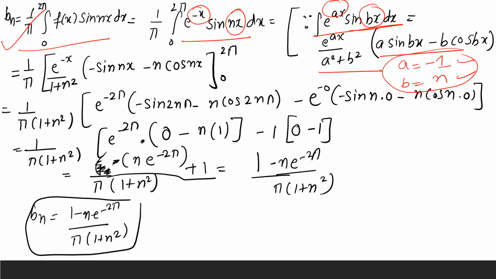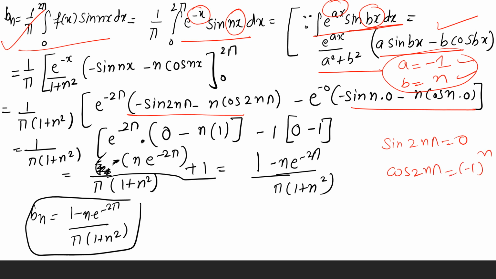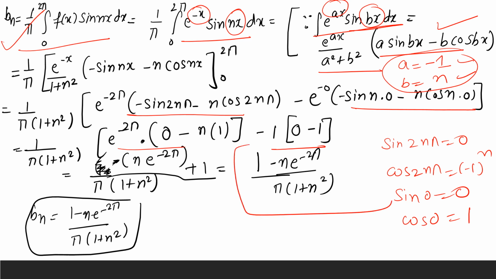Then we put these values in the formula, and put 2π and 0. You know that sin 2nπ is 0, cos 2nπ is 1, sin 0 is 0, cos 0 is 1. Putting all these values, in the end we get (1 − n e^(-2π))/(π(1 + n²)), and this is the value of b_n.